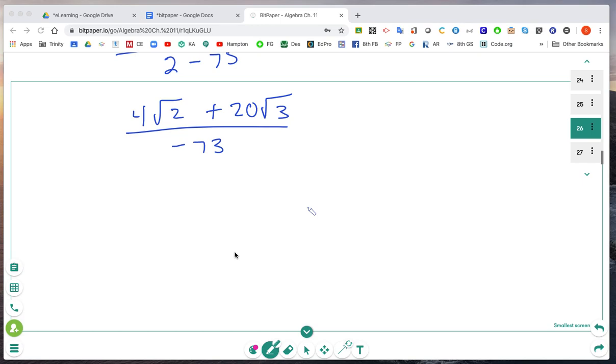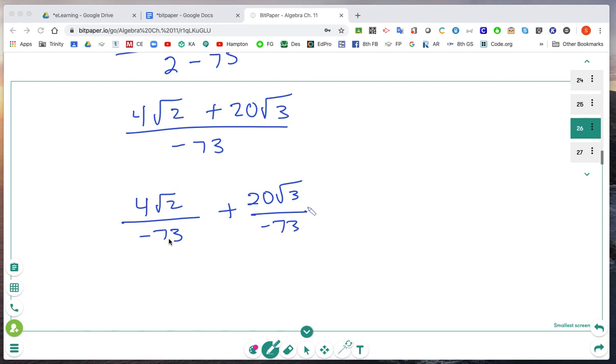So this is really 4 square roots of 2 over negative 73 plus 20 square roots of 3 over negative 73. This can be broken down into two different fractions, just like we did when we did quadratic. But the tricky part here is that when we break it down into two fractions, we can only simplify by the same exact thing.